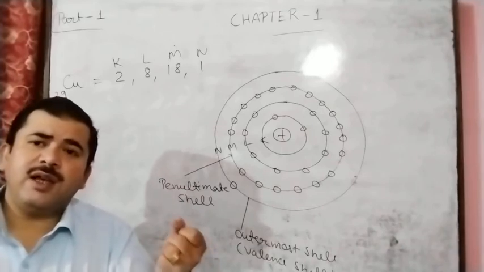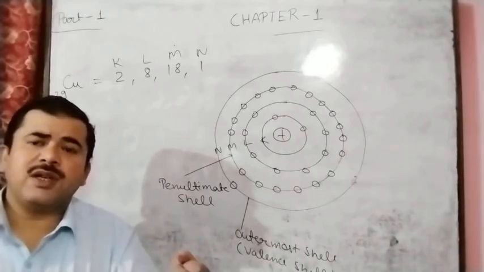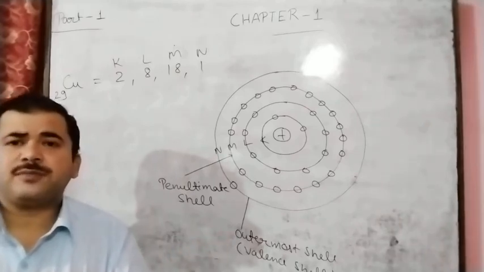And if there are 4 electrons, the atom can lose or gain.